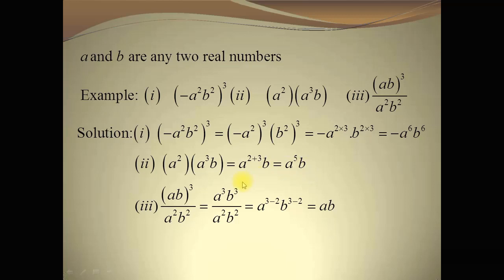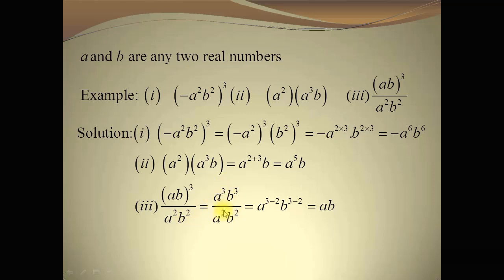Now in the third example we have the quotient law. In the numerator we have ab whole power 3. ab whole power 3 means here the power is 1 for a, and for b the power is also 1. So 1 multiplied by 3 using the power law, we get a power 3, and for b, 1 multiplied by 3, we get b power 3, divided by a square into b square.